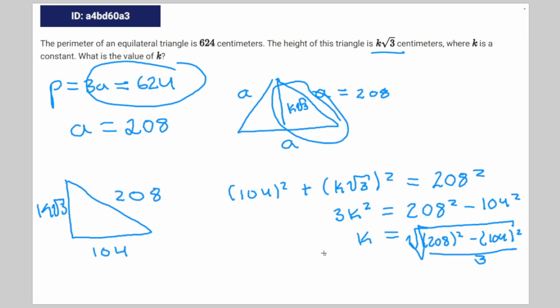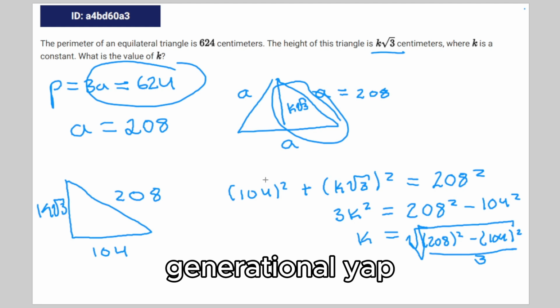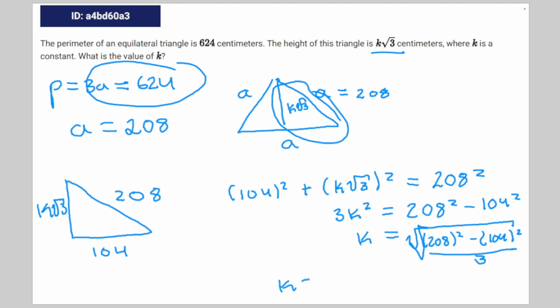Anyways, shoving that into your calculator is going to be very difficult, as you can see, but I think you can do it. It's going to give you the answer of 104, which is equal to A divided by 2. So that's kind of a hint that there's definitely an easier way to solve this, but I think the most consistent manner to memorize a solution to this problem is just the second method. So yeah, k is equal to 104, and that is the correct answer.